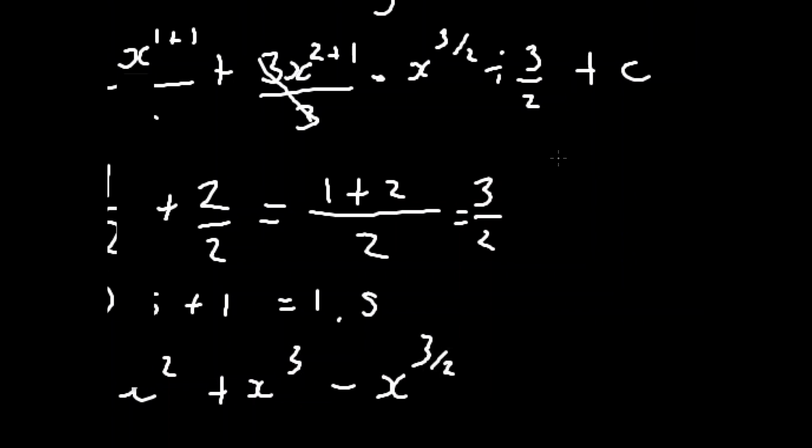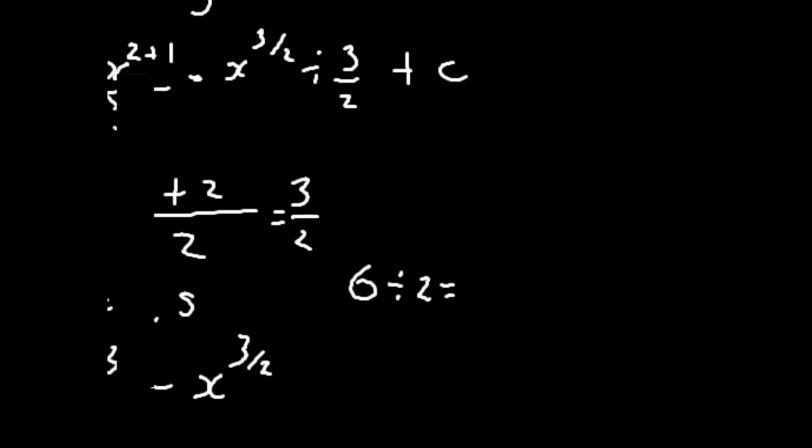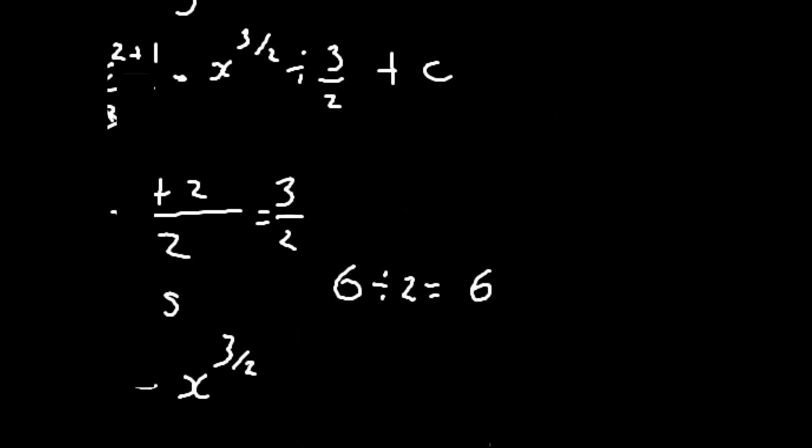And that flips the fraction, right? Because, I don't know, 6 divided by 2 is the same as saying 6 times by 1 divided by 2, right? Which is 6 divided by 2. So it's the same thing here. We're going to say times 2 divided by 3.